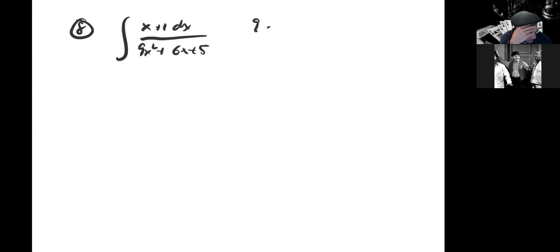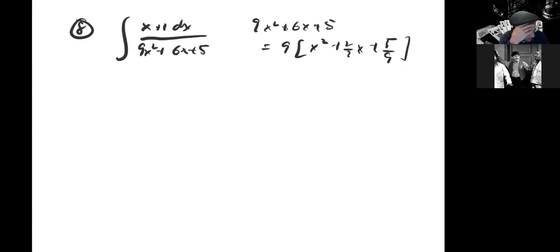So 9x squared plus 6x plus 5 is given by 9 times the quantity x squared plus 2/3 x plus 5/9. And if you think about what that is, that's 9 times x squared plus 2/3 x. I'm completing the square, so I could put 1/9 here, and the remaining stuff is 4/9.